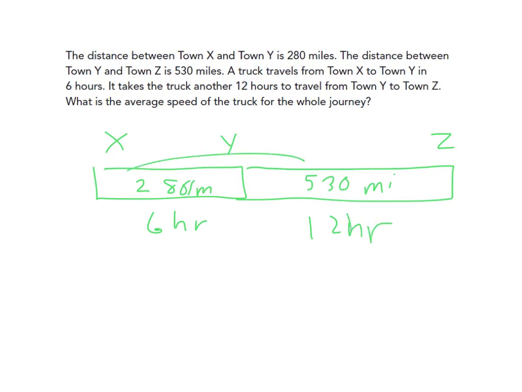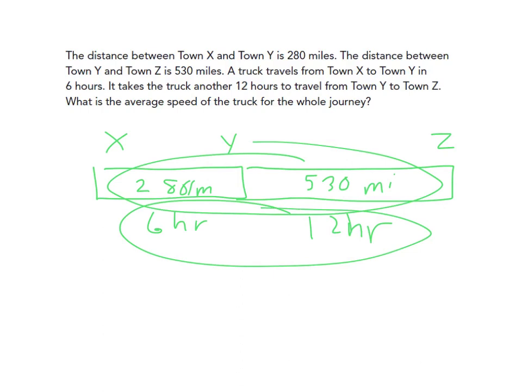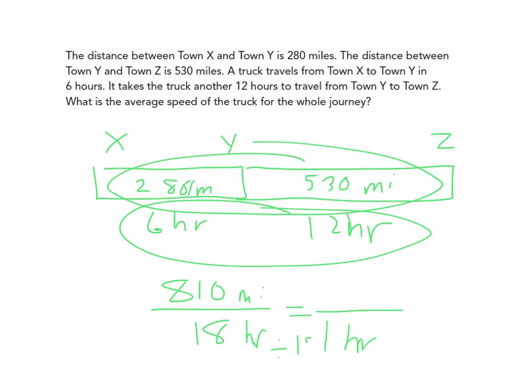If I can find the total distance and the total time here, I'll be able to find the average speed. The total distance is 810 miles, and the total time spent traveling that distance is 18 hours. If I try to get it down to 1 hour and divide this by 18 and divide this by 18, I'll find out that it's an average speed of 45 miles per hour.